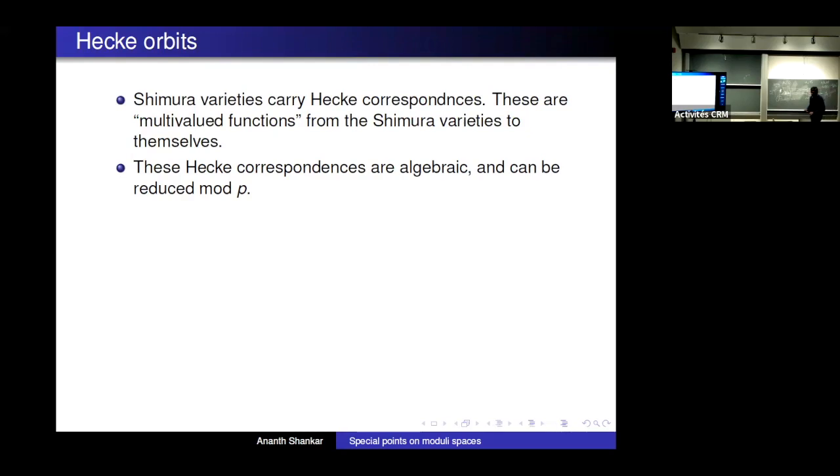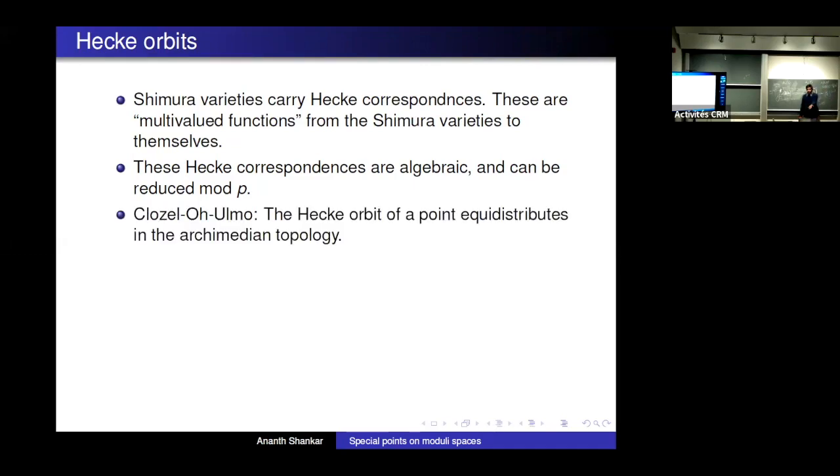It's a beautiful theorem of Clozel, Oh, and Ullmo, who proved that if you start off with a point and you hit it with more and more Hecke operators, then the resulting sets that you get again equidistribute in the hyperbolic metric in your Shimura variety. So they prove Duke's theorem except for Hecke orbits, and they do it for pretty much all Shimura varieties, not just for the modular curve.